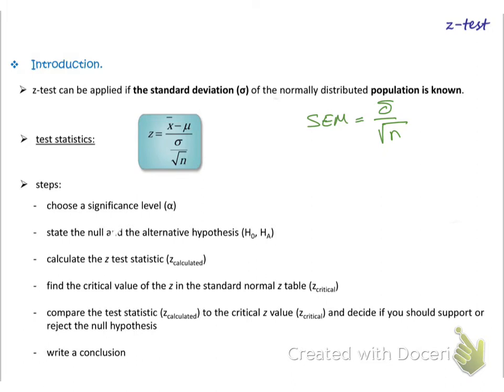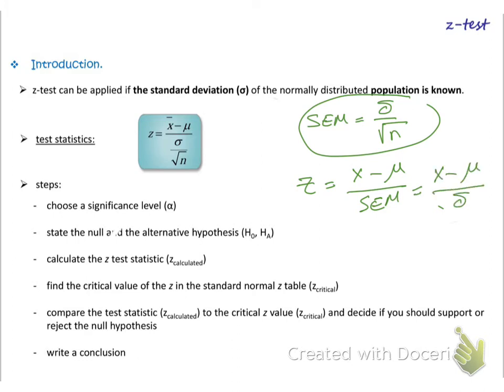So our Z will be equal to x minus mu divided by SEM, or x minus mu divided by sigma divided by the square root of n in the denominator.